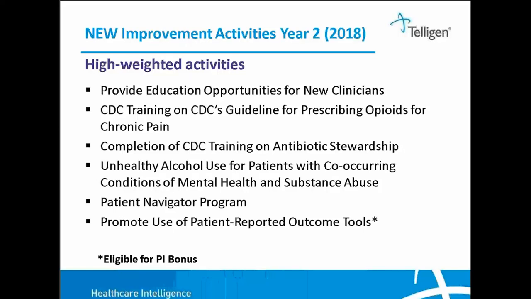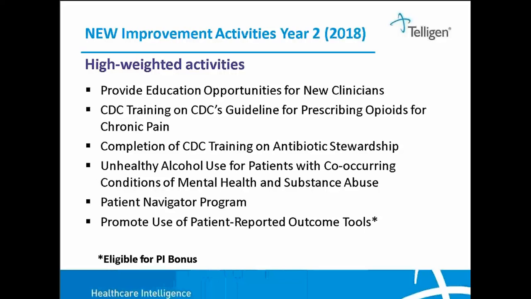So you will see at the bottom there is an asterisk by the final one, promoting the use of patient-reported outcome tools. I've added this asterisk on both slides as a way to show you that these are also eligible for the promoting interoperability bonus for using search for the improvement activities.